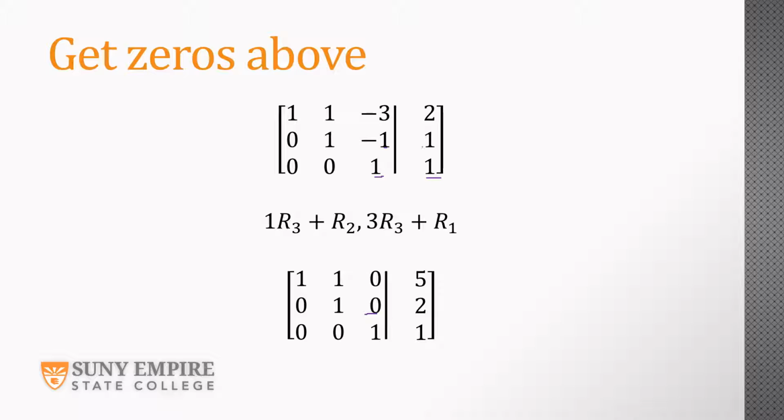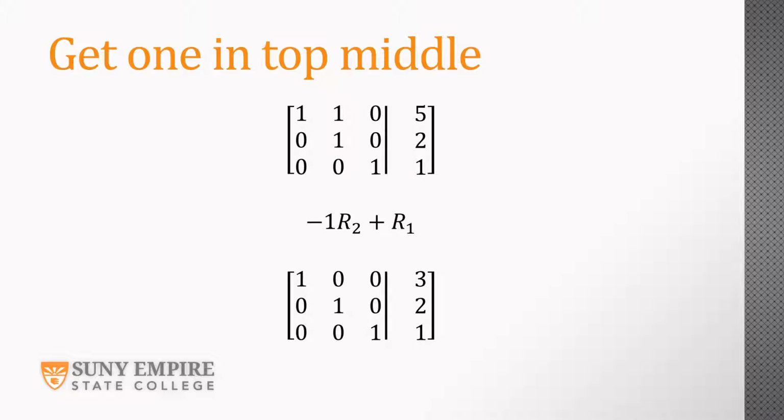For the second row, 1 times 1 plus negative 1 is 0. 1 times 1 plus 1 equals 2. For the top row, 3 times 1 plus negative 3 equals 0. And 3 times 1 plus 2 equals 5.